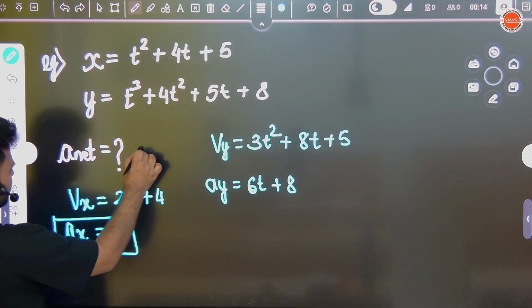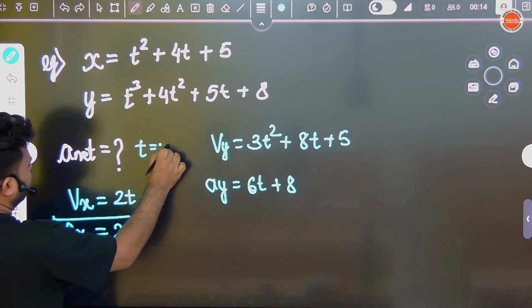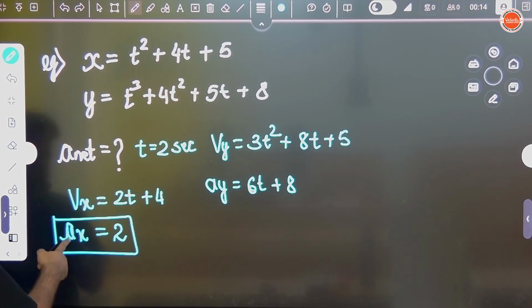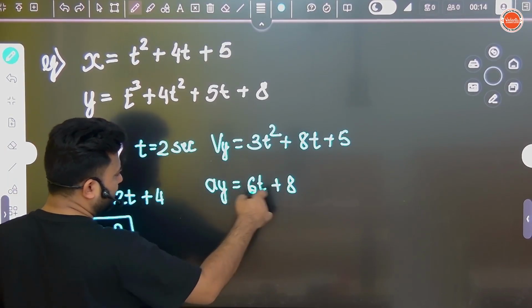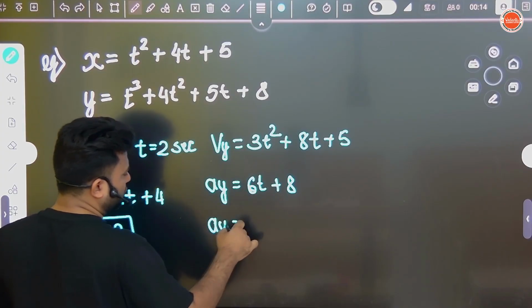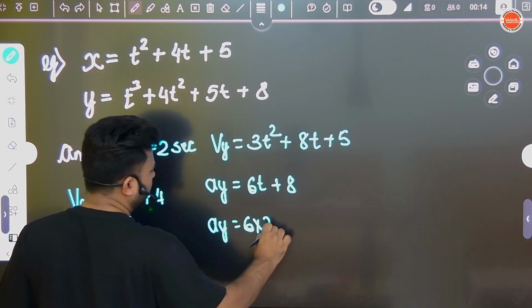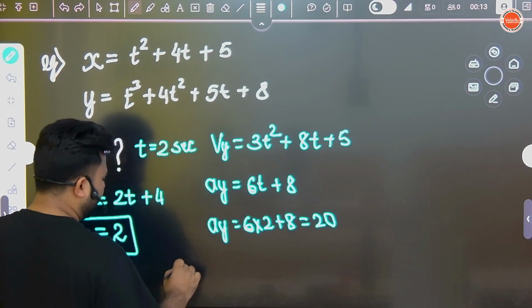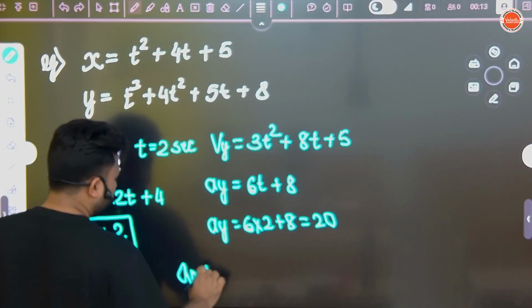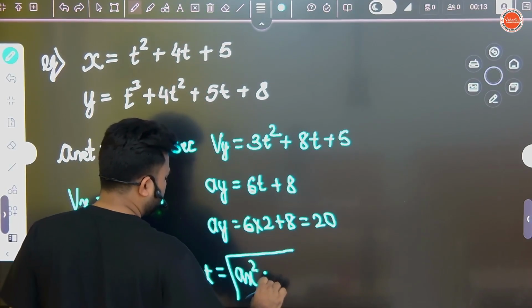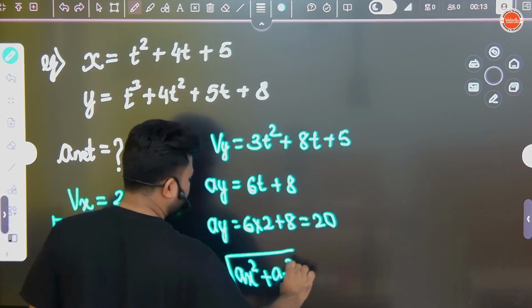And they are asking the question that at time equals 2 seconds, you have to tell what is the acceleration of the body. So acceleration in x direction is constant, that is 2. Acceleration in y direction is 6t plus 8. At time equals 2 seconds, 6 twos are 12, 12 plus 8, that is 20. So net acceleration will be under root of acceleration in x direction square plus acceleration in y direction square.